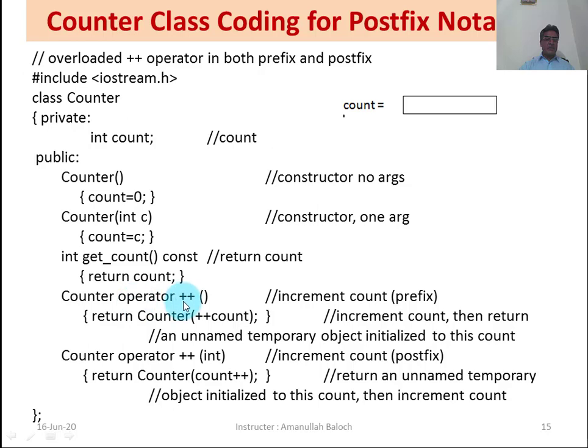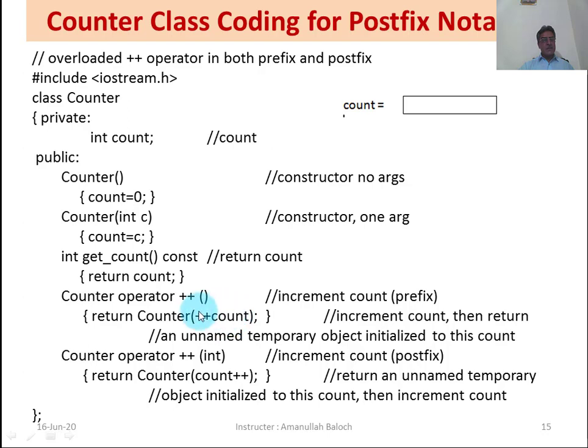Counter operator++, this is the operator which is returning its value, and this is the prefix notation of the ++ operator. When we define the ++ operator in its prefix notation, we use nothing in the parentheses of the operator, so it will return a nameless temporary object, ++count.